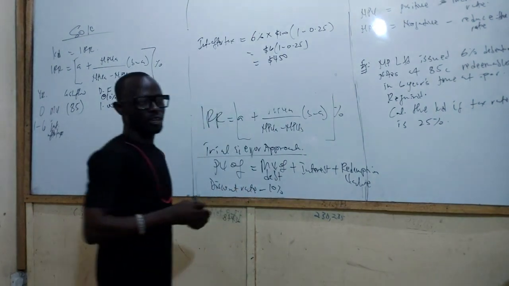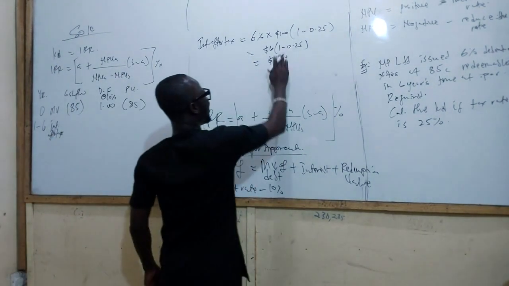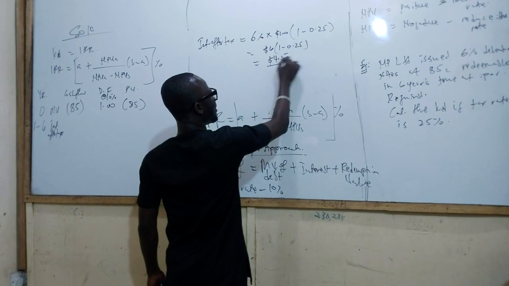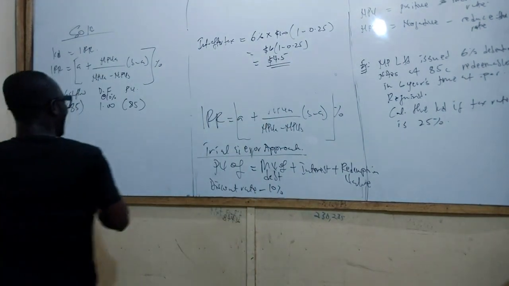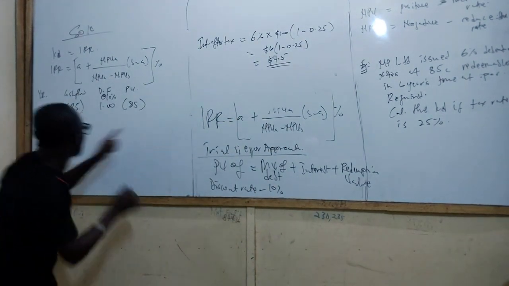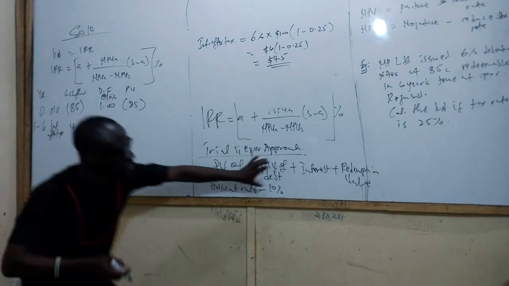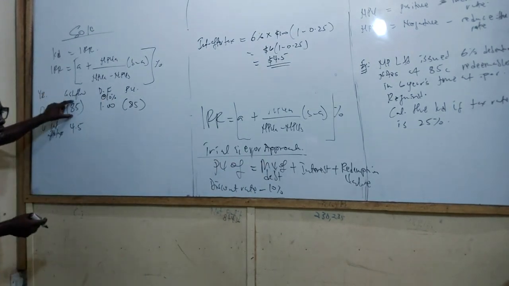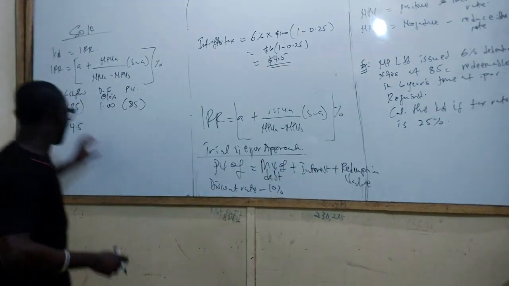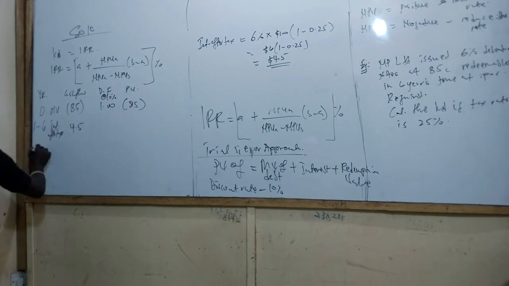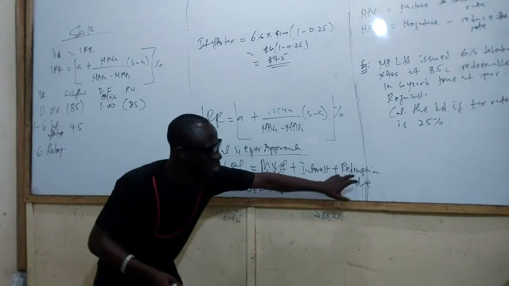No, it's not possible. 4.5. Okay, so 4.5. So that becomes the interest. That's what we put here, 4.5. So first, the market value in brackets. Second, the interest, positive. Then in the sixth year, we bring the redemption. That's the third element, the redemption value.